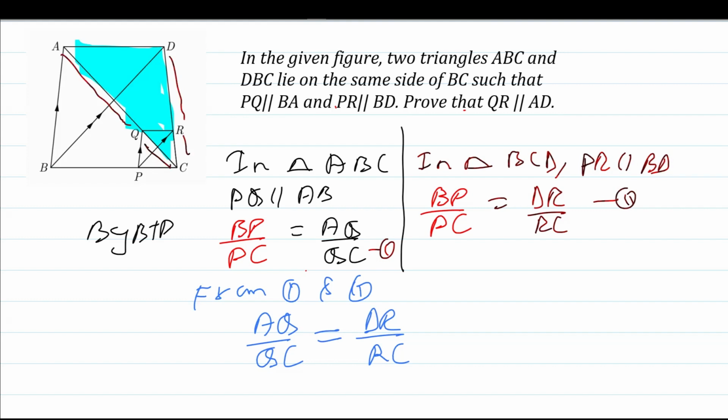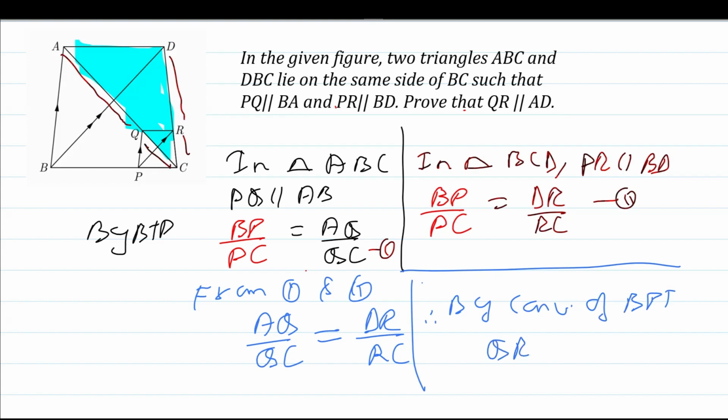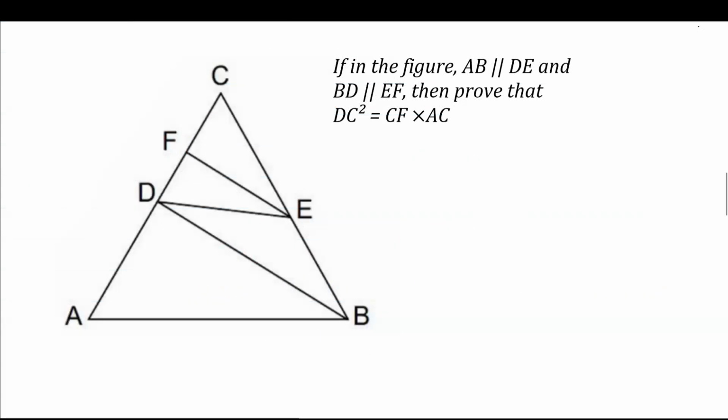So therefore, by converse of BPT, we can say that QR is parallel to AD. And what's the converse of BPT? It says that if a line divides two sides of the triangle in the same ratio, then this line is parallel. So we got this line as parallel. This is what we needed to do.